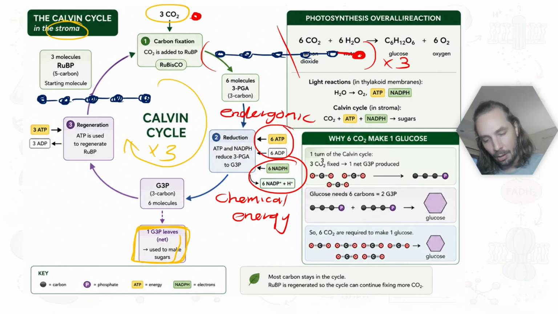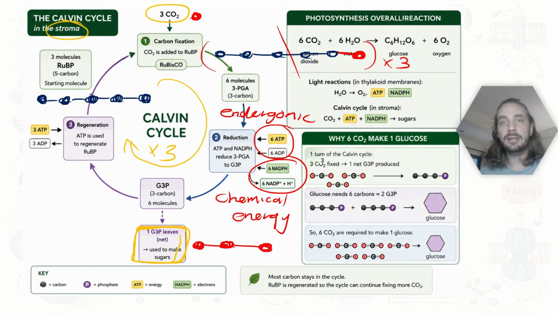Now, after 3 turns, I am able to make one G3P molecule. I'm adding all 3 carbon dioxides in here, for example. It's not necessarily that all 3 carbon dioxides join.